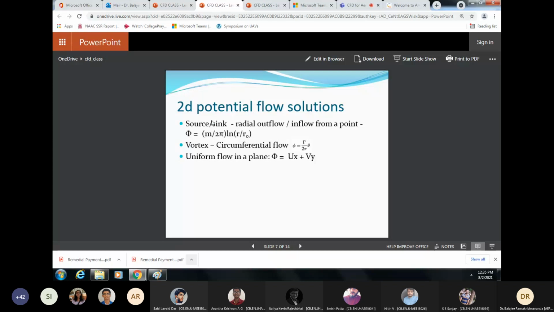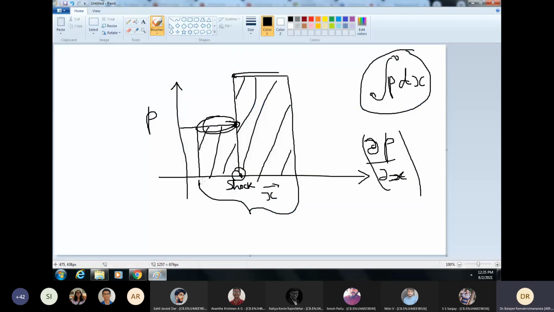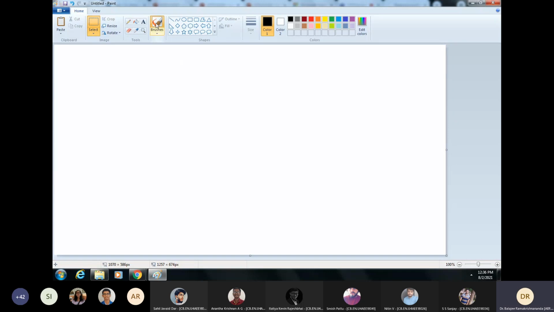Source flow, which you can visualize as a point, or you can imagine a broken pipe underneath the water, just bubbling out through an opening in the ground. It will come out and tend to move equally in all directions. Okay, you can somewhat think of this as something like a source flow.